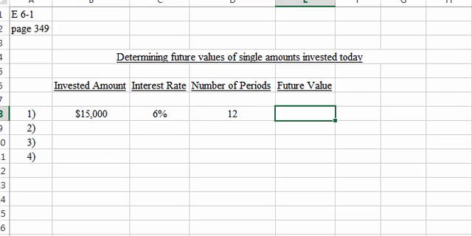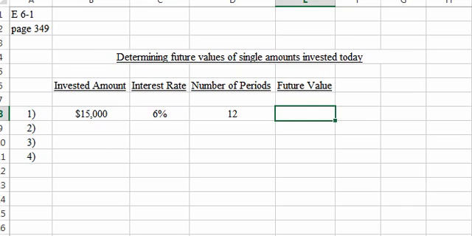Okay, so to calculate the future value, we'll go to the table on page P-2 in the back. P is in Peter, P-2 in the back of your book. Come across the top until you see 6%, and then come down the column until you see 12 periods. All right, you get a factor 2.01220.